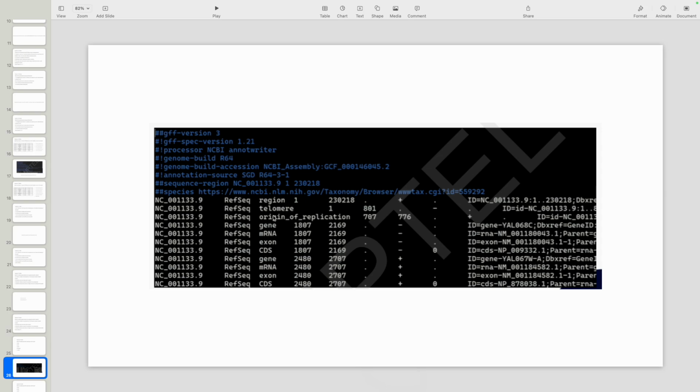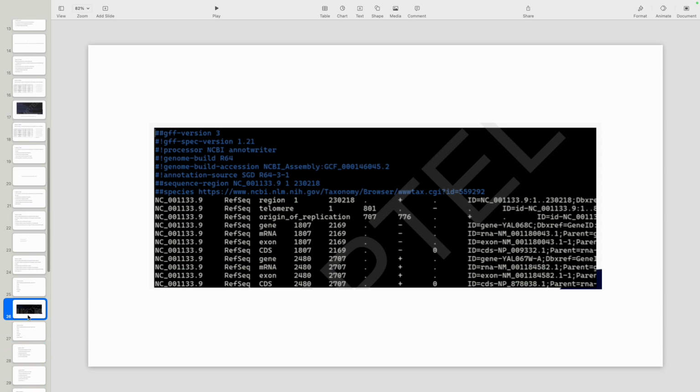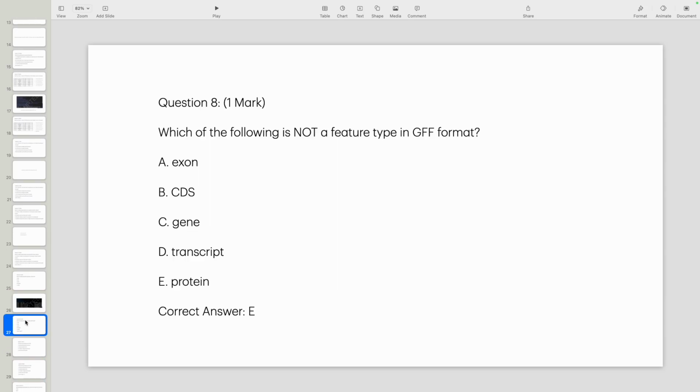It only has the gene sequence, which is the DNA sequence of the gene, and the mRNA as well, the transcript information. So the correct answer for this question would be E, protein. Protein is not a feature type in GFF format.